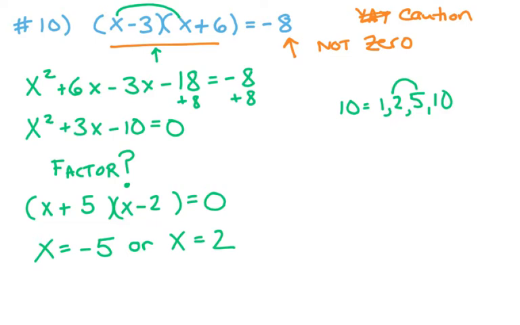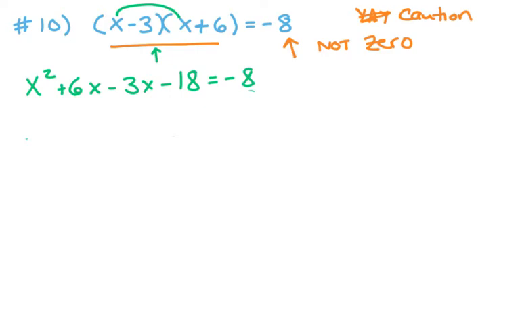Could we have completed the square? Yes. So let's do that just in case you want to know. We decided to complete the square. So we would get to this step and we would say this is x squared plus 3x. We want to put this 18 on the other side. So that would be adding 18 to both sides.